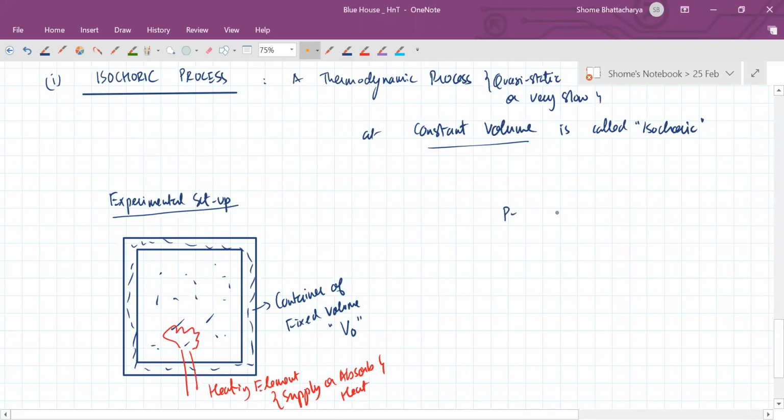So the PV graph of the same now will look like a vertical line, not a horizontal one, because the volume coordinate should remain constant.